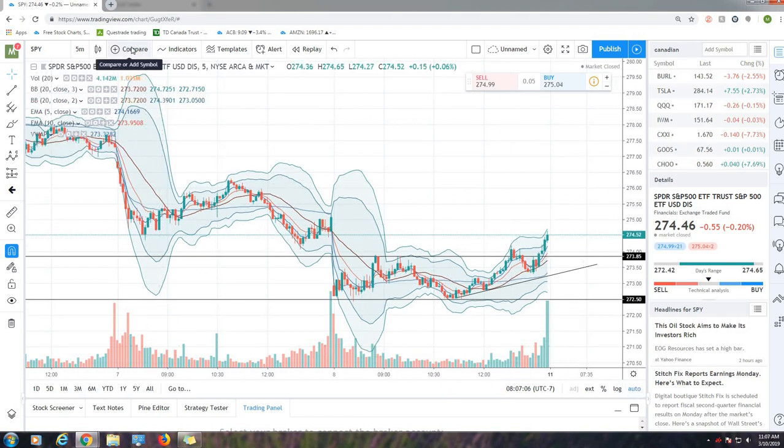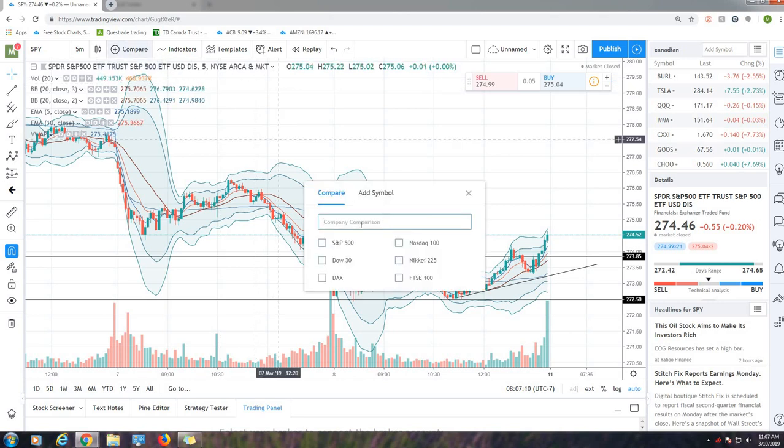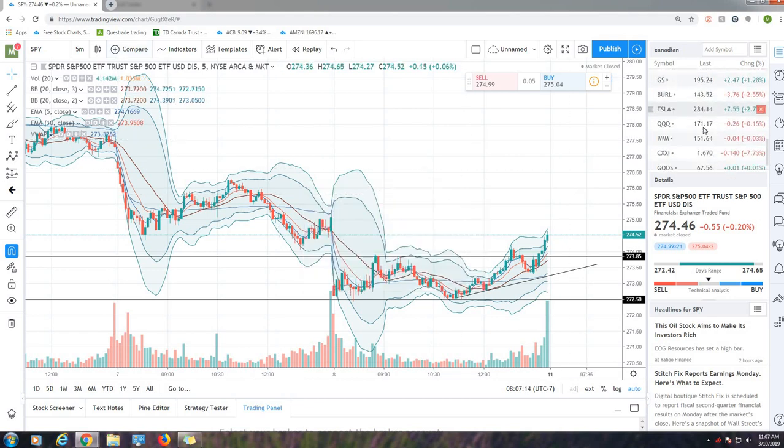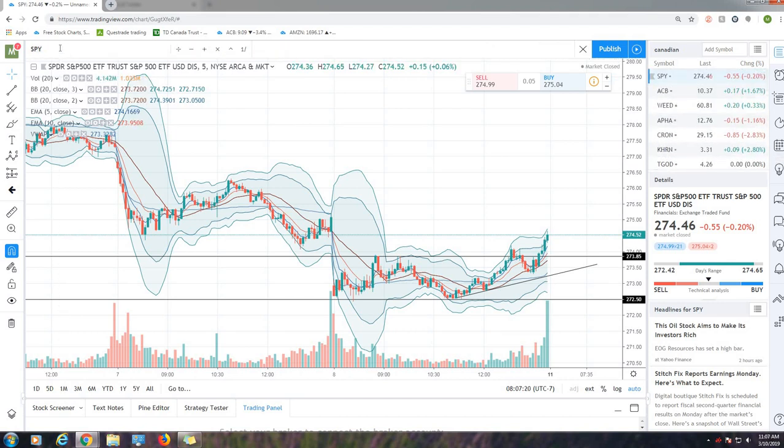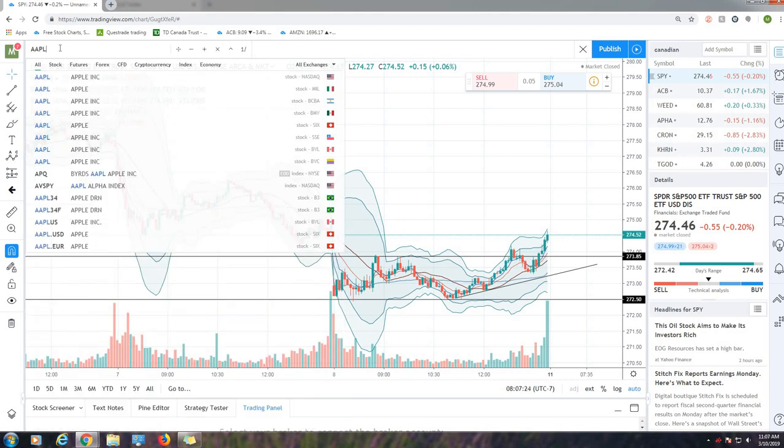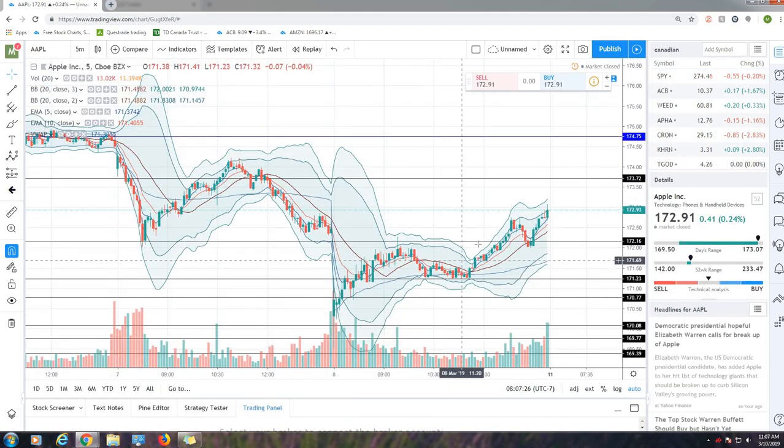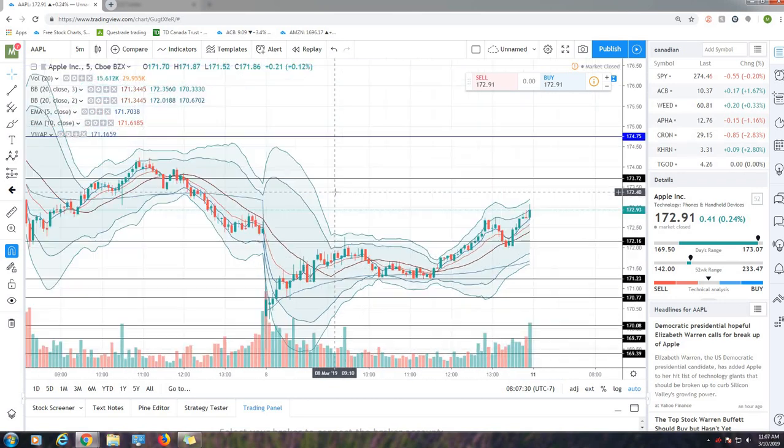You can compare stuff sometimes using this button. You can compare different tickers or different indexes, whatever you want. So if we want to look at, let's say, Apple. So we're going to have Apple here. Again, these are some lines I had drawn on before.